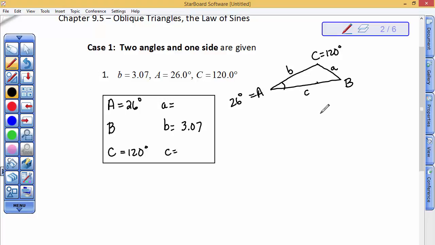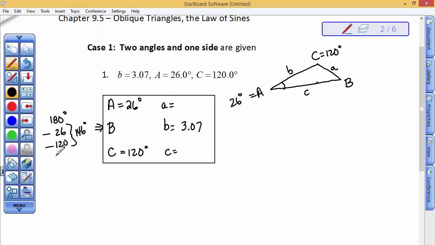But in law of sines, there's always one easy first step. In this case, you're given 2 angles and one side. So see these two angles right here? Remember that the sum of the angles in a triangle is 180 degrees. So you could find angle B here by taking 180 degrees and subtracting the 26 and subtracting the 120, which is a total of 146 that you're going to subtract.